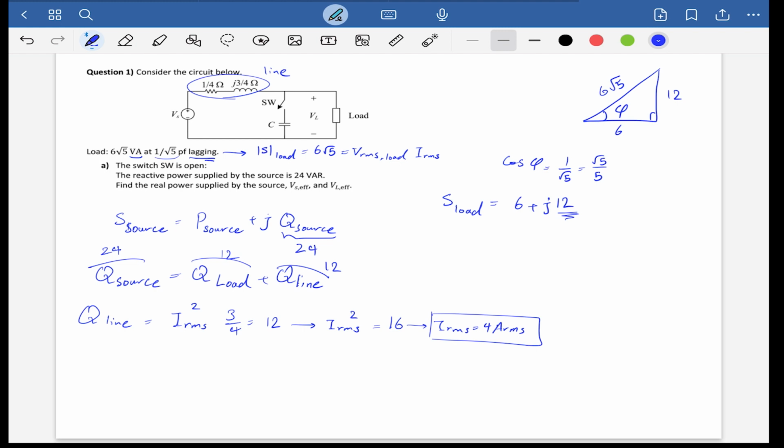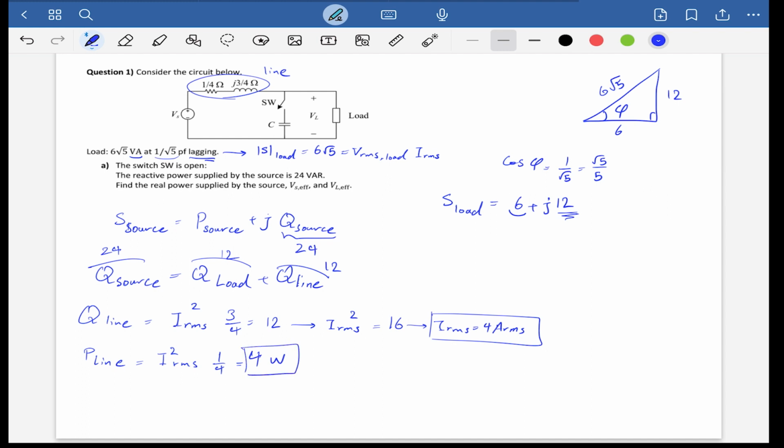We want to find the real power supplied by the source. How can we find that one as well? Okay, we know the real power of the load, which is 6. And we also want to find the real power of the line. So we can write it as, again, I squared RMS times, this time the resistance, not the reactance, 1/4, which will give us 16 times 1/4, which is 4 watts.